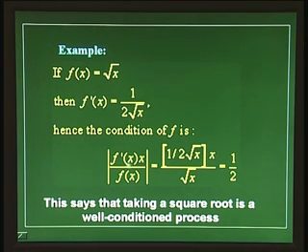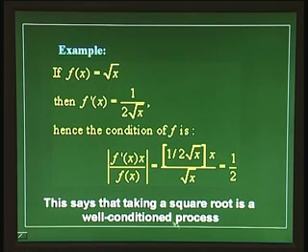So we have f prime of x into x divided by f of x. f prime of x is 1 by 2 root x, and f of x is root x. So for any value of x, we have this condition as 1 by 2, which is less than 1, and hence we would say that it is pretty well conditioned.